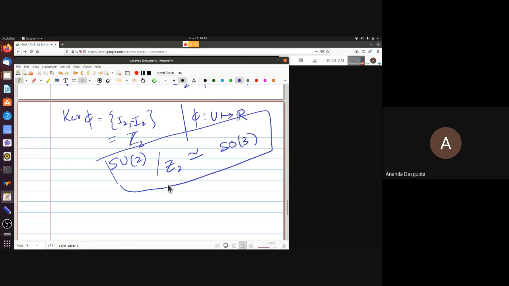SU2 quotiented out by Z2 is SO3. This, of course, is the second isomorphism theorem at work. If you have a homomorphism between two groups, just take the kernel of the homomorphism and factor it out of the original group, the domain group. With that, you get something which is isomorphic to the range group.